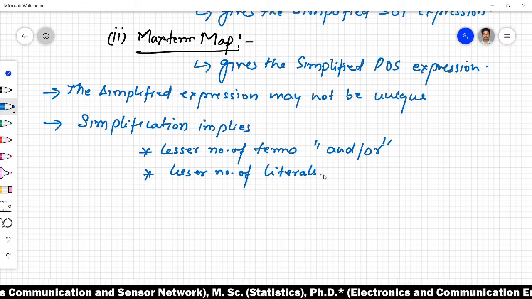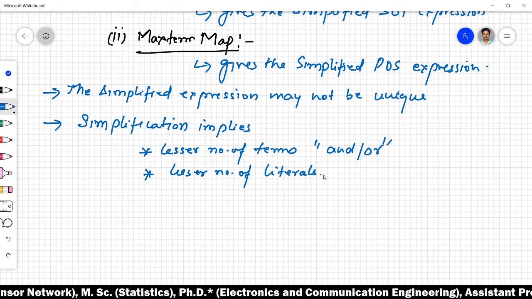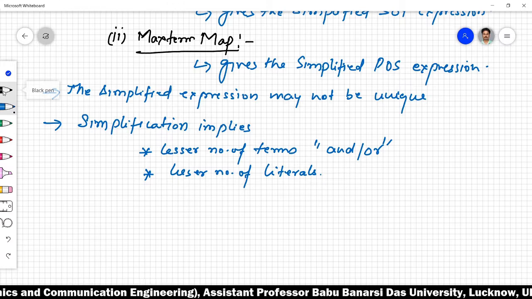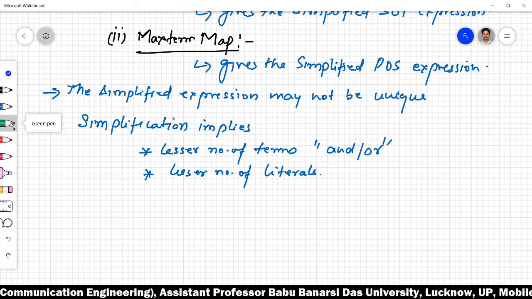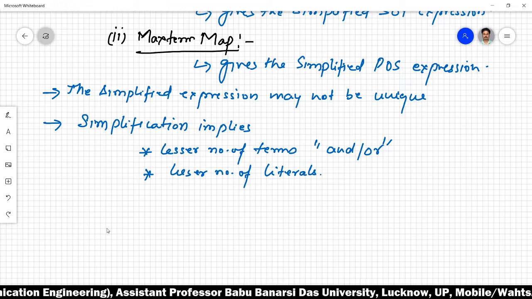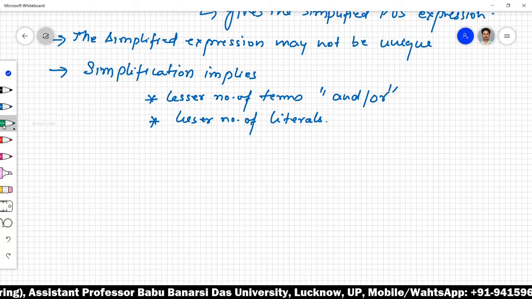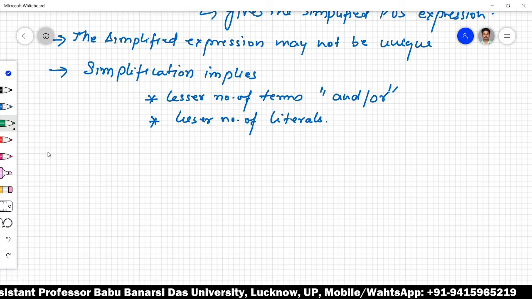And of course the amount of hardware needed to design a digital system is directly proportional to the number of terms as well as the literals present in the Boolean expression. That's why K-map simplification becomes a very important topic, so that we can simplify the Boolean expression to get a compact design of a digital system.